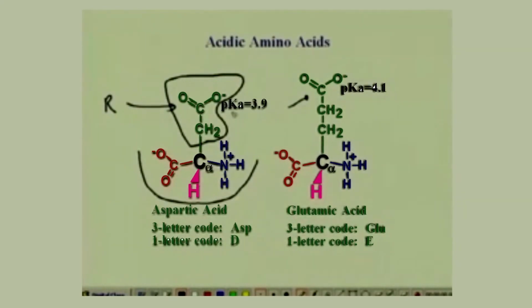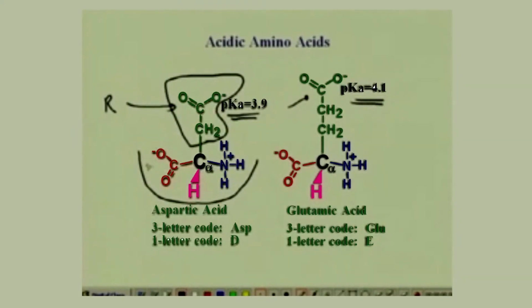Now, what we have written here in addition is what is called a pKa value. We will learn more about this in our next class, but just for a preliminary information, if the pKa value is less than the pH of your solution, then your carboxylic acid is going to lose the proton.